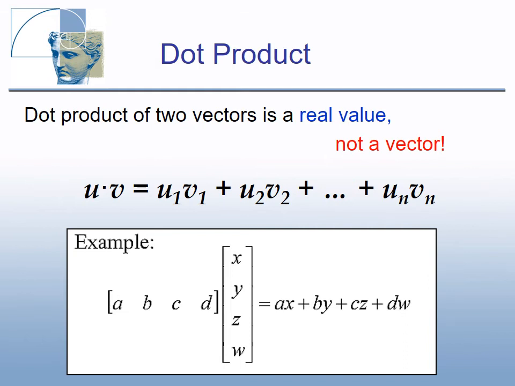It can be calculated by the following expression. U dot v equals u sub 1 multiplied by v sub 1 plus etc. plus u sub n multiplied by v sub n. In the slide, you can see also matrix form of the definition of the dot product.